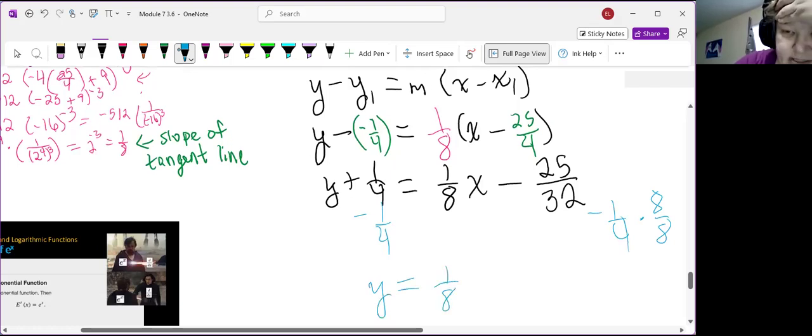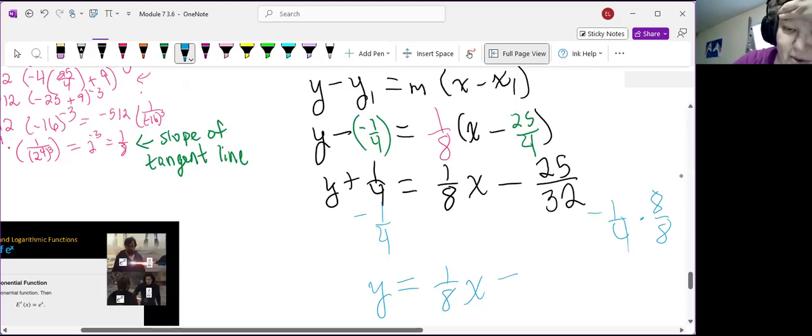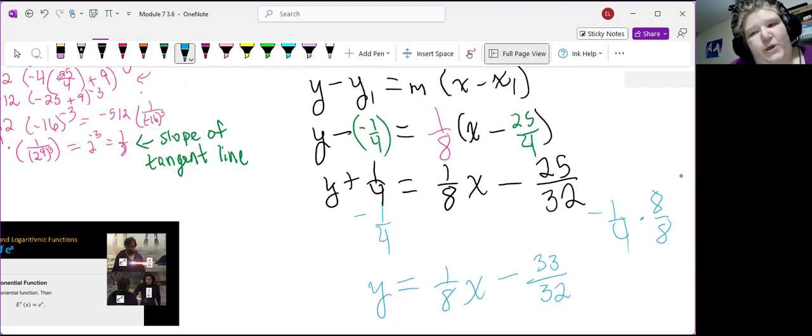So y equals 1/8 of x, and then negative 25 thirty-seconds minus 8 thirty-seconds. 25 and 8 is 33. So minus 33 thirty-seconds. There's our equation of the tangent line solved for y. Only because web work usually asks you to do that.